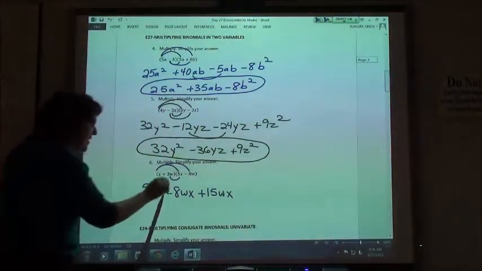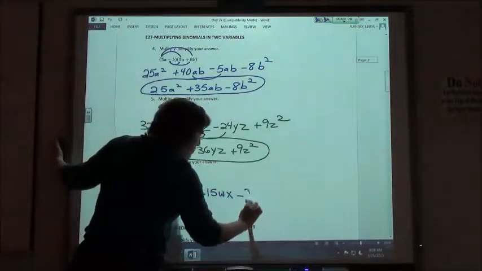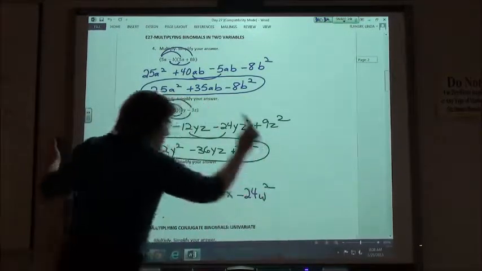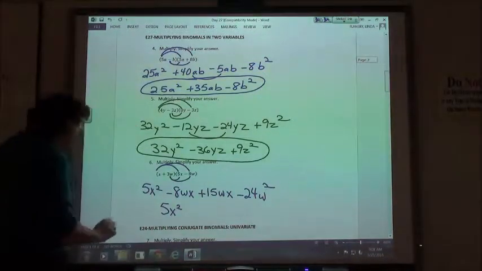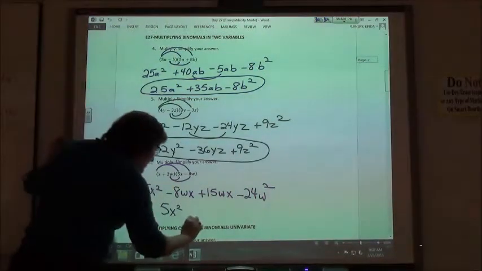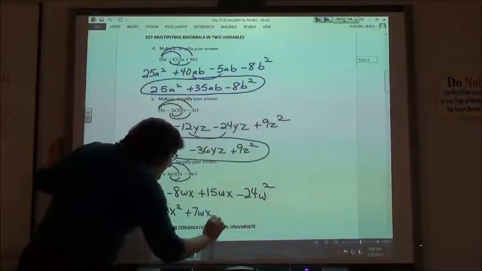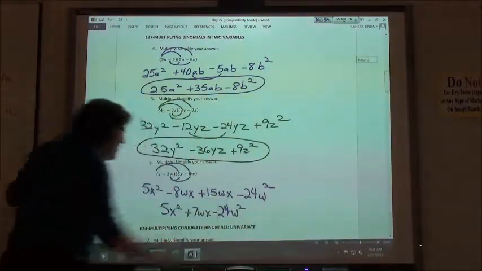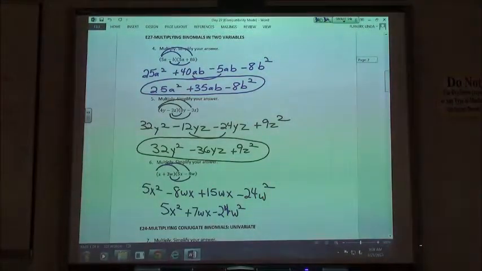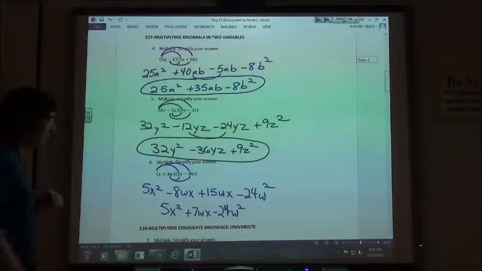And then negative 24w squared. So our answer, 5x squared plus 7wx minus 24w squared. Oops, I'm trying to write my w instead of my 4.